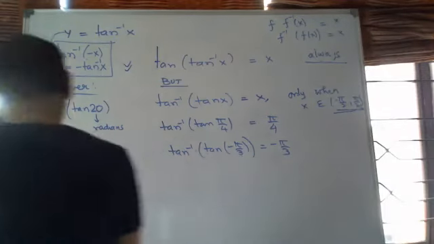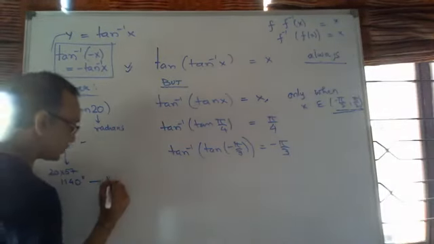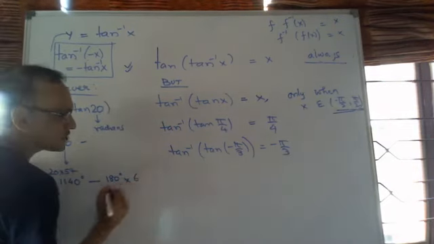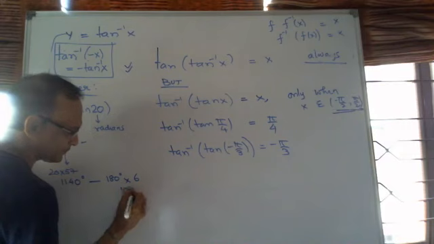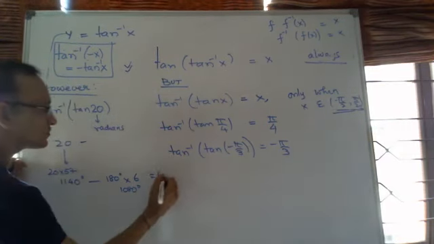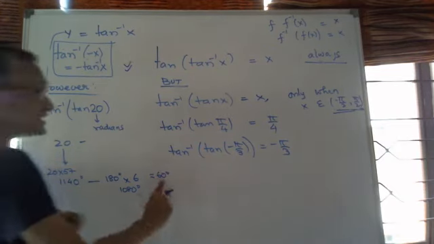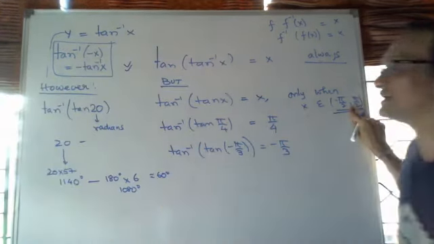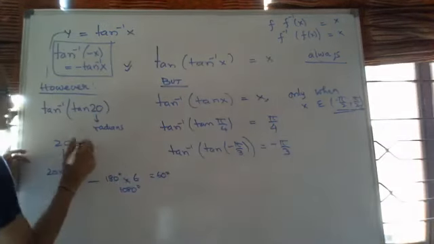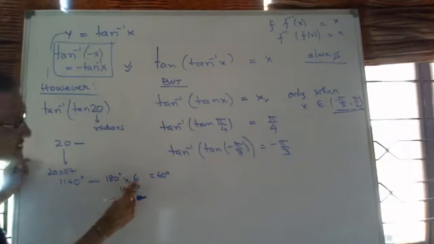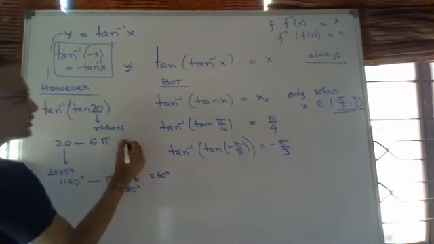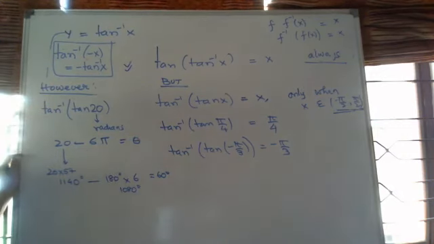This needs a little trial: 6 times 180 is 1080. So what remains is 60 degrees, which is pi by 3 and lies in this interval. What I do is 20 radians minus 6 times pi; we are working in radians. I call it theta.